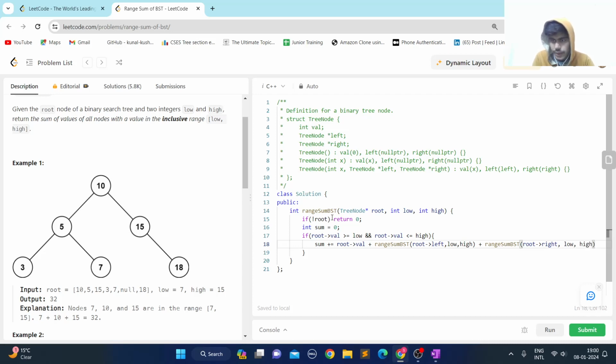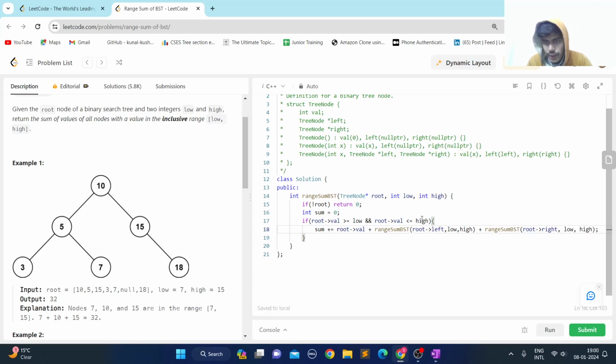Yeah, it's done. I made 2 calls to root right and root left, and added the root value also. Now chances are that root value can be less than low. Then what are you going to do? You have to go to the right part. I told you if it is less, then you have to go to the right part.